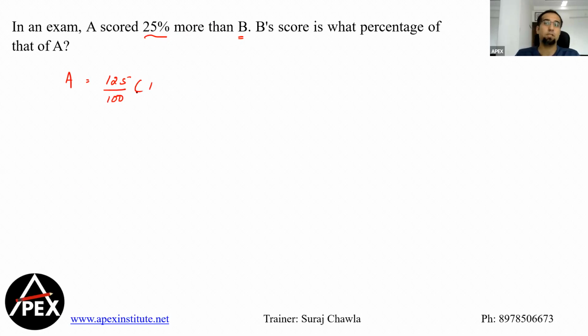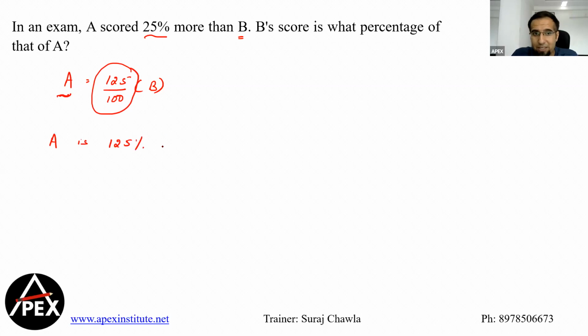Now let's learn a few things here, guys. Clear? The few things to learn here is if I'm writing A is equal to 125 by 100 of B, which means I can comment from B's point, as well as from A's point of view. Clear? So I can comment two things from here. Again, repeat the word indication: A is 125 by 100. Can I write it as 125%? Yes.